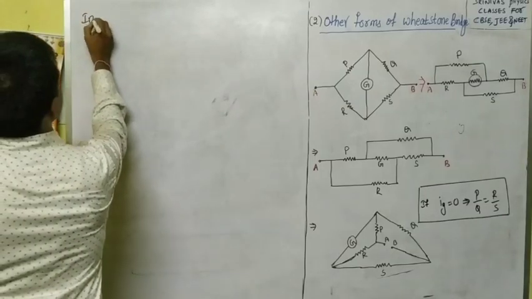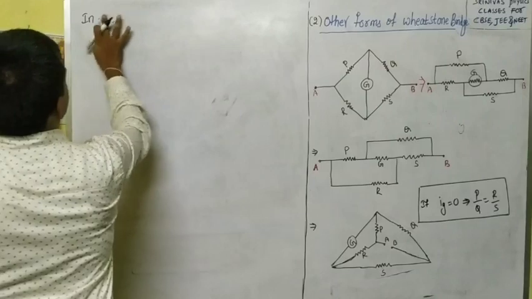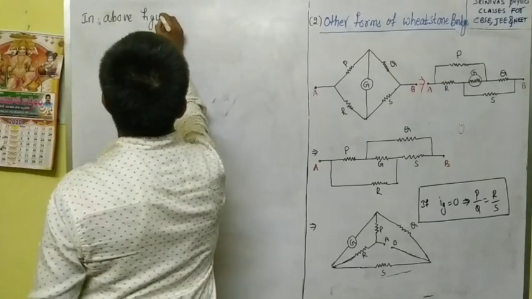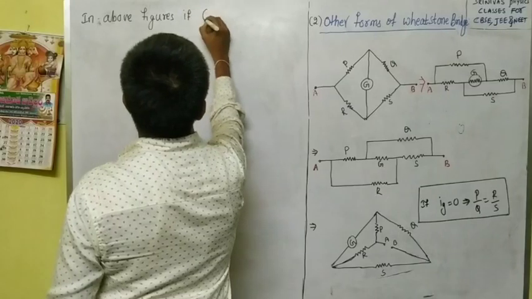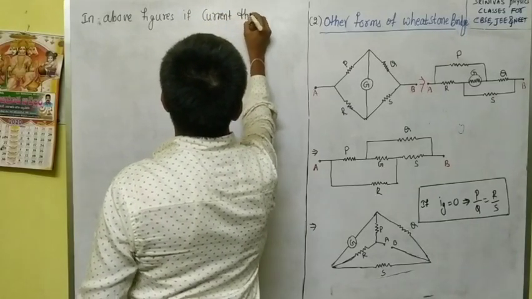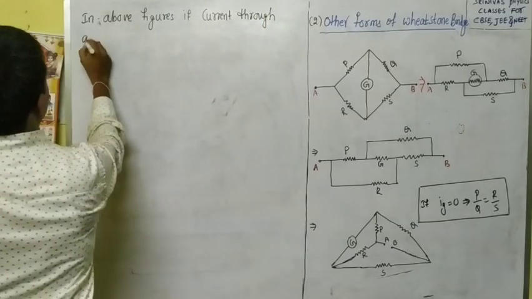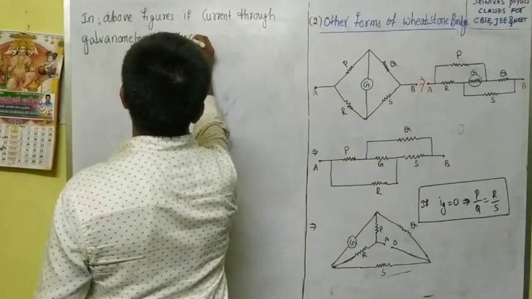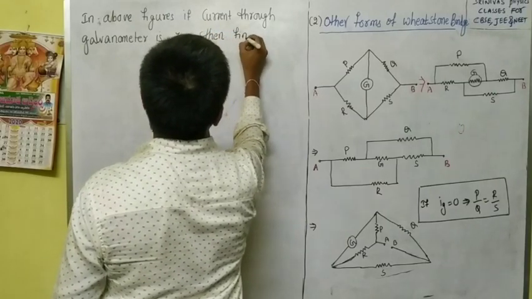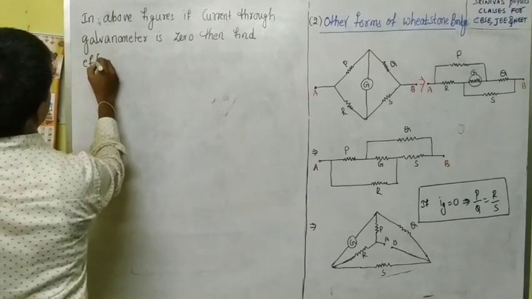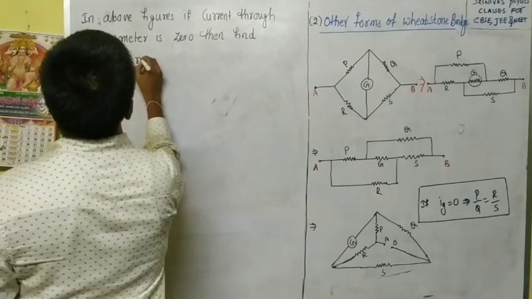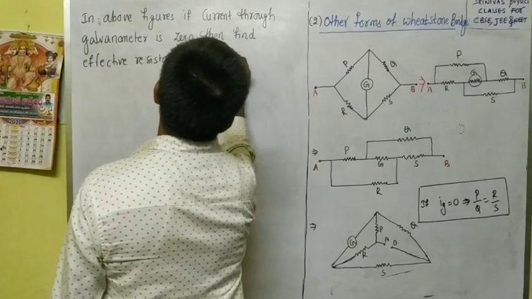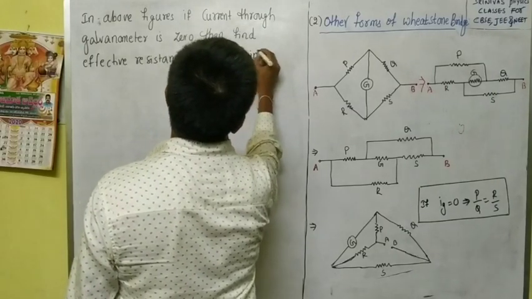In the above figures, if the current through the galvanometer is 0, then find the effective resistance between points A and B. This is our one question, let us consider.